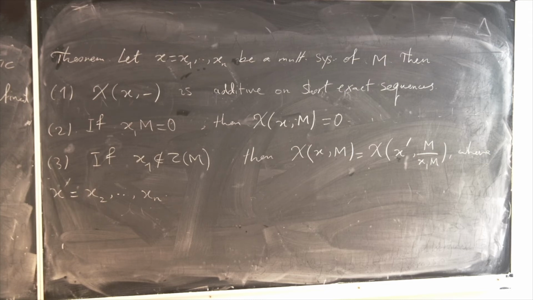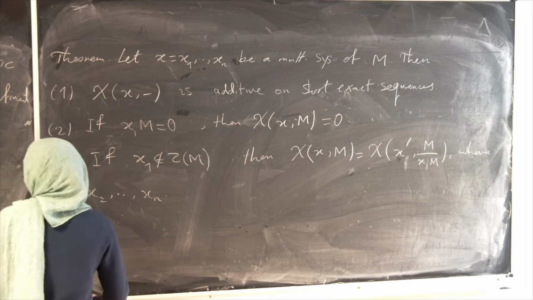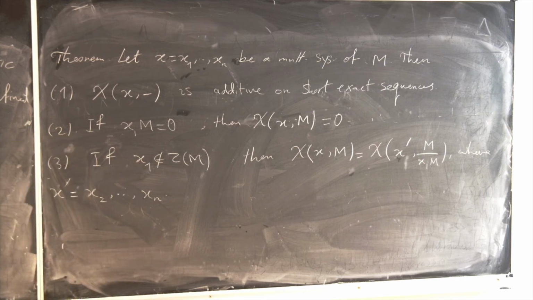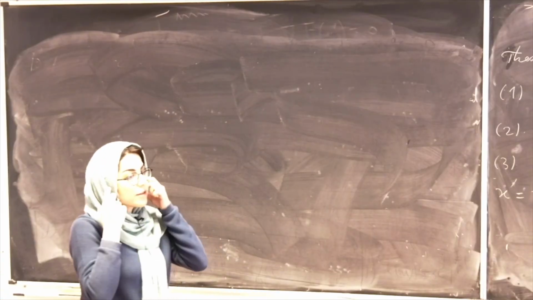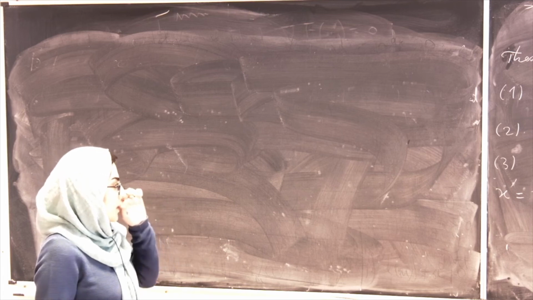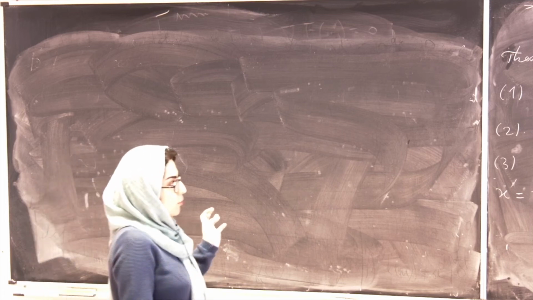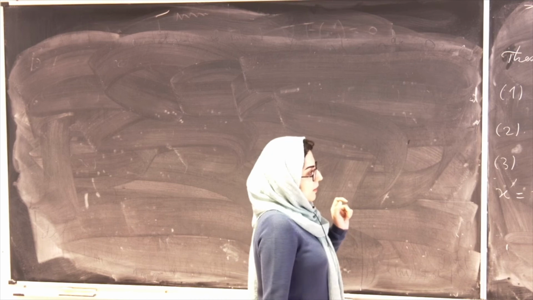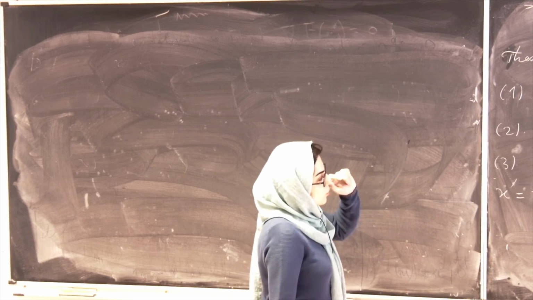So let's see very quickly this proof. All three parts can be proved easily from the basic properties that we have about the Koszul homologies.